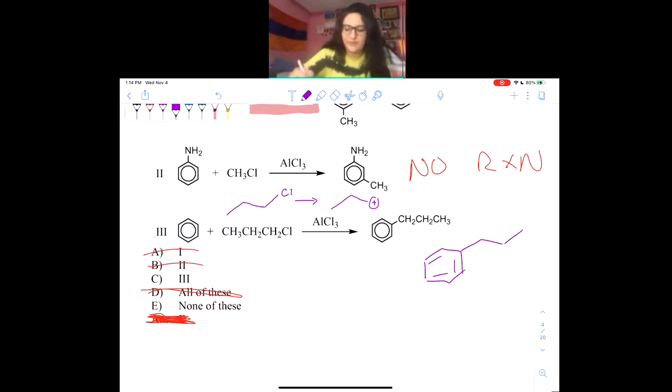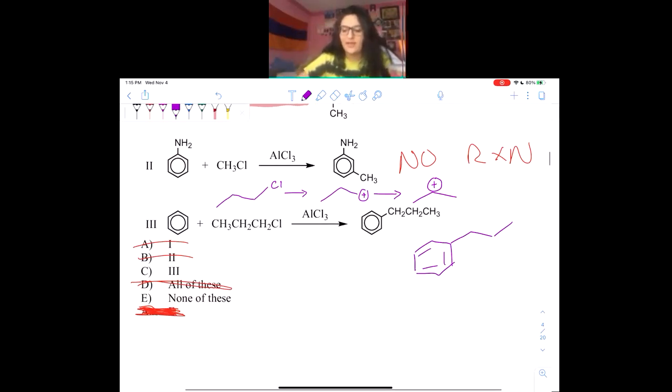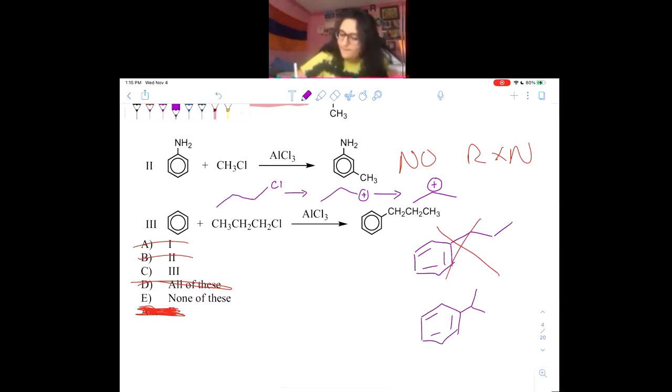Because of rearrangements, exactly. So we are going to do a hydride shift. We are going to have this carbocation, and instead of this product, we will actually make this product.